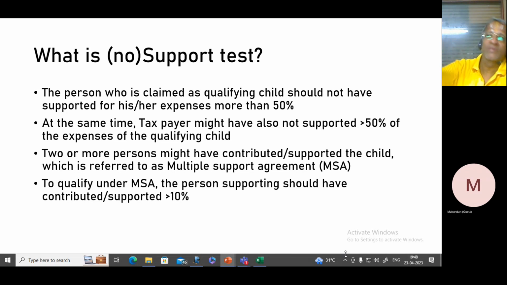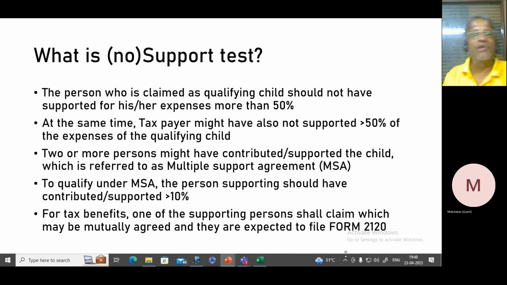Supposing you have 45% and 50% by another person and only 5%, the person who contributed 5% cannot consider his or her contribution for treating the target person as a qualifying child. So to consider that you've done something, it should be more than 10%. Only then can you take it up. For tax benefit purposes, one of the supporting persons shall claim, which may be mutually agreed, and they are expected to file Form 2120.